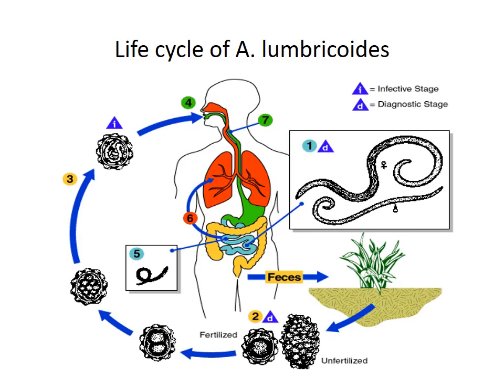Now we come to the life cycle, which is the most important thing we should understand. Human being is the only host, so there is no intermediate host. Humans get infection mostly through contaminated water and food, which contains the infective egg. After entry into the human being, first the larva comes out of the egg.